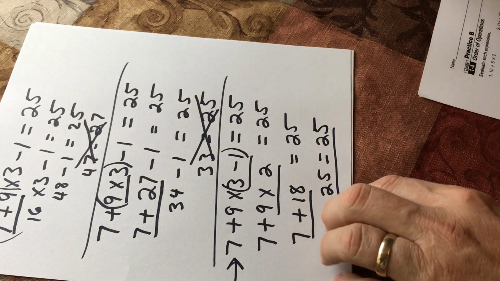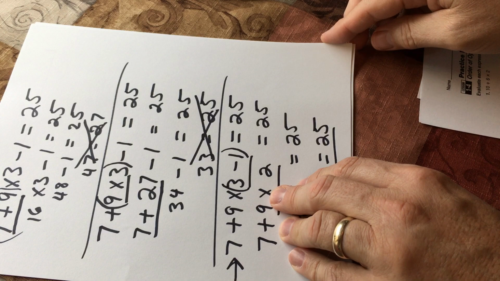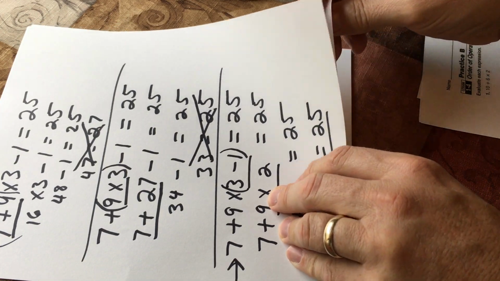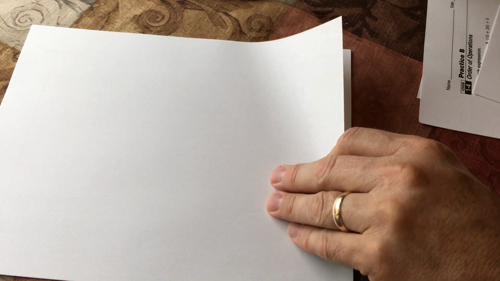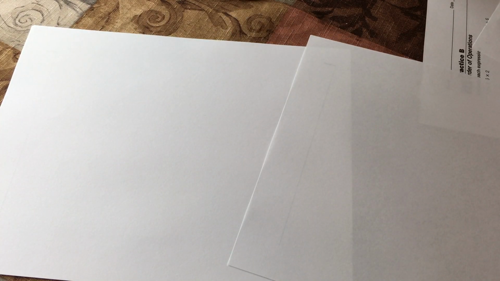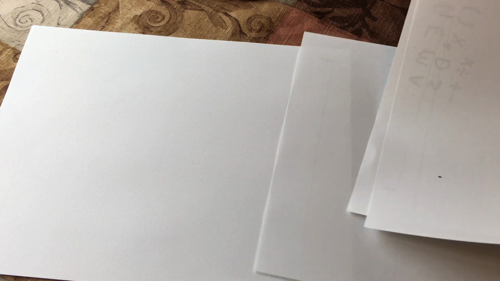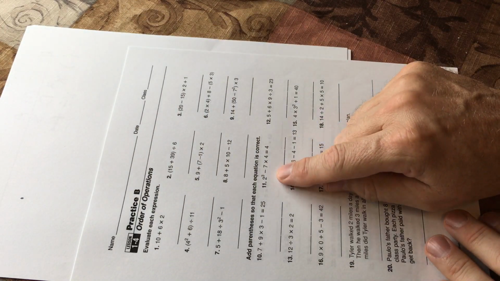I'll do one more for us so that we can get another trial at this. Hang on, let me get some new paper here for us. Okay. Let's take a look at problem 11.